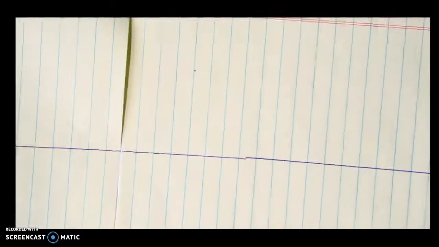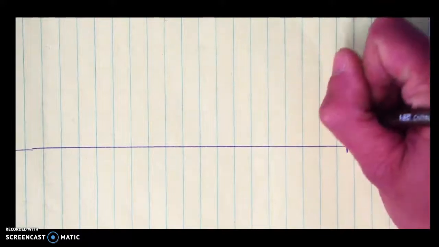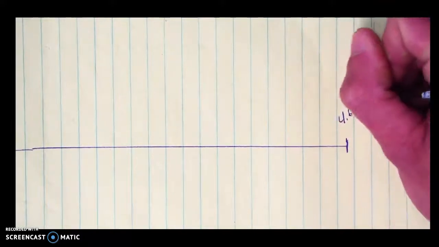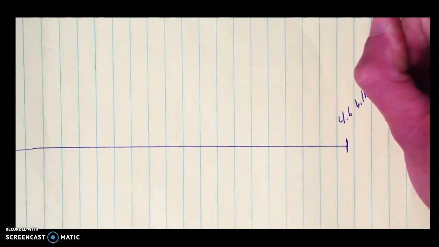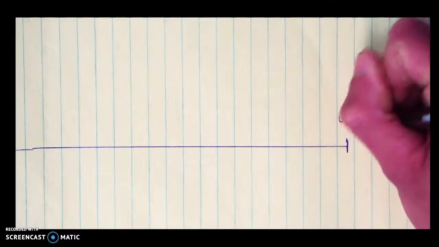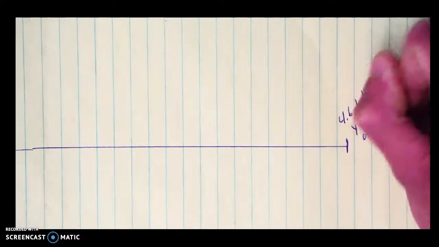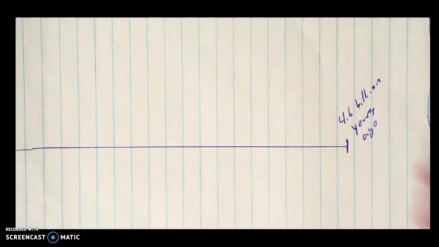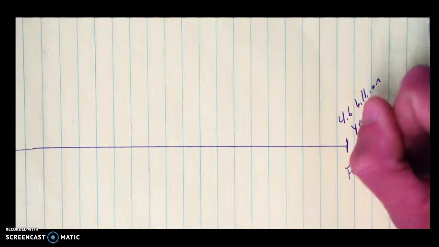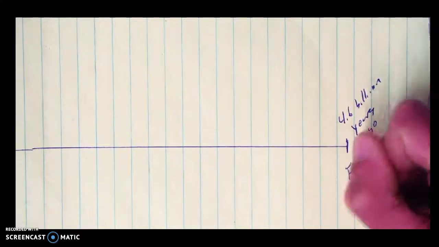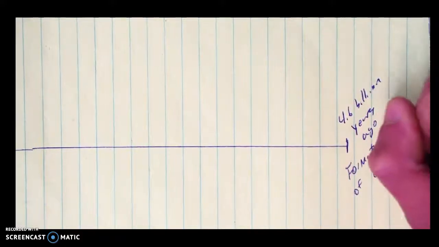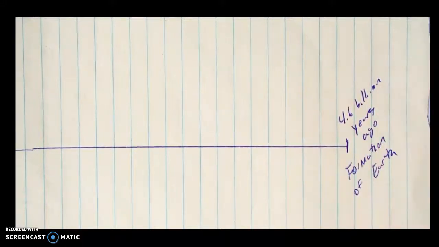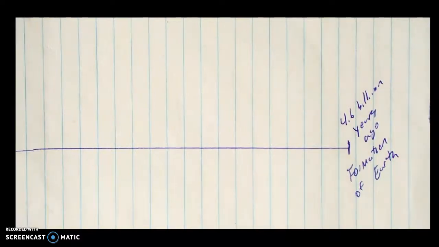And I know I went out of the screen there, but there's the other end of my timeline. And this is 4.6 billion years ago. And this represents the formation of Earth. When we believe Earth formed.